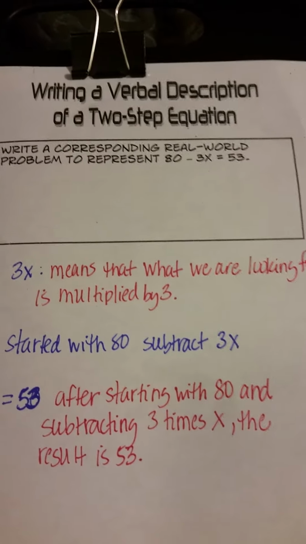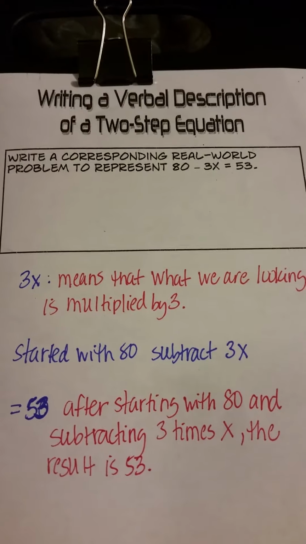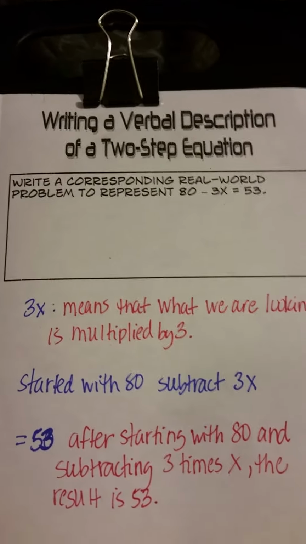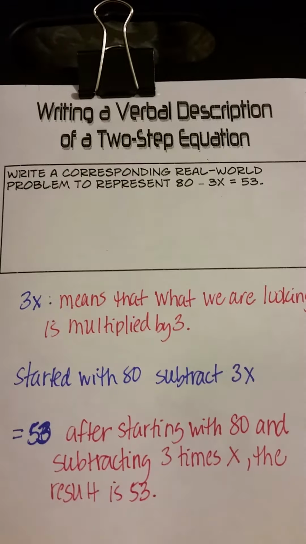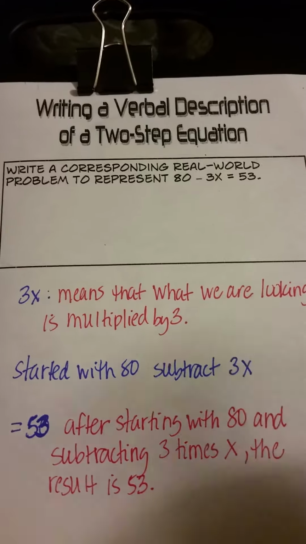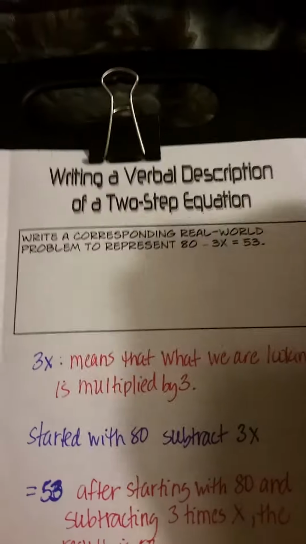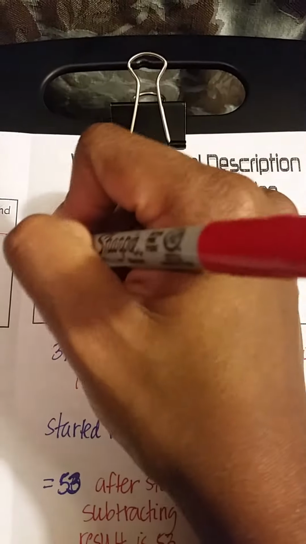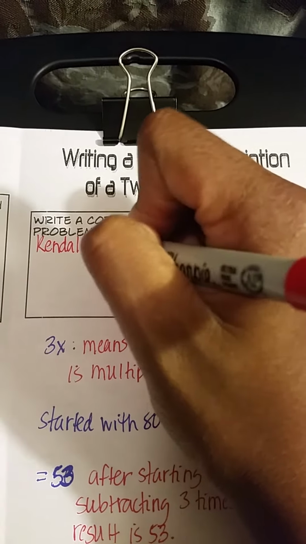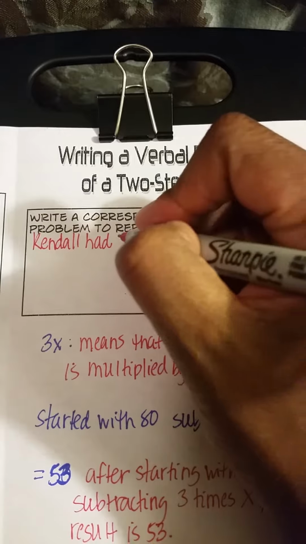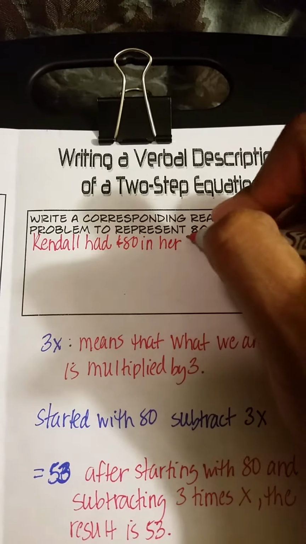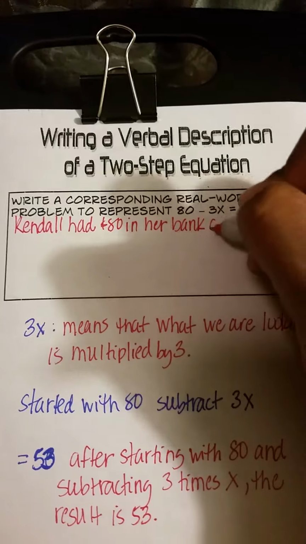Okay, so what comes to mind with me? I always think of money. Okay, so I'm going to start you out. I'm going to start you out with the real world problem, and then I want you to finish it for me, and we'll go over it in class. So I'm going to start out with Kendall had $80 in her bank account.